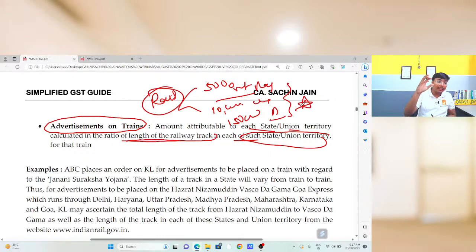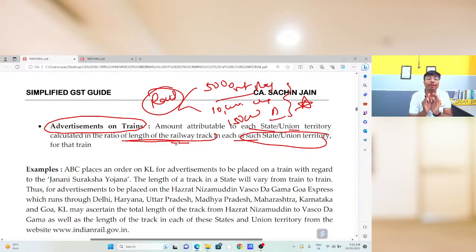Now, some of you may have this question. Most probably there is a chance of a question: how are we going to distribute the place of supply?